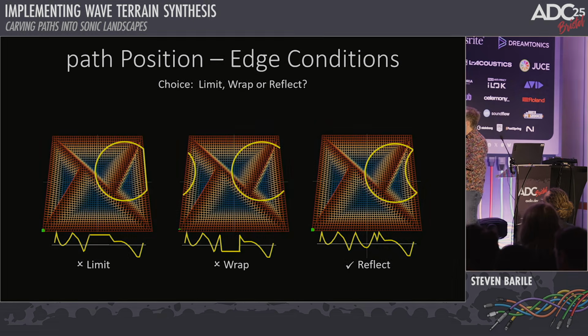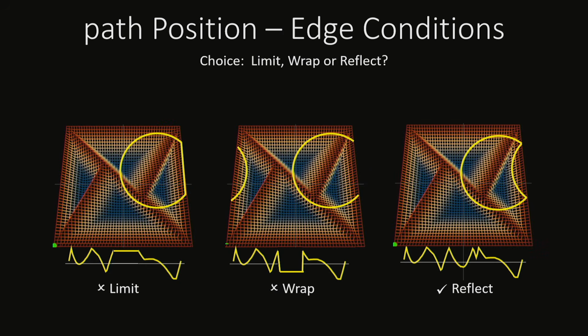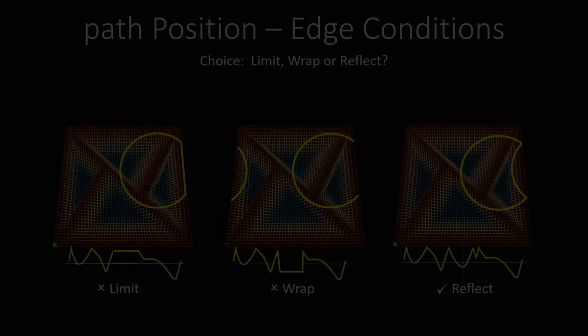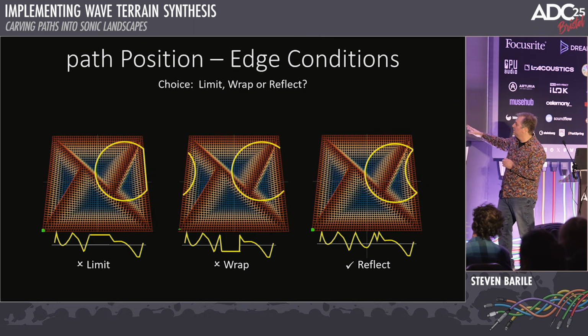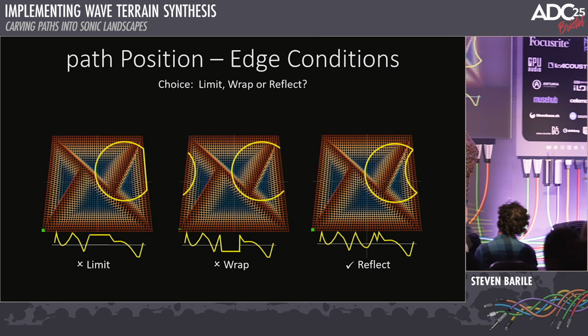All right, let's see. What happens when your path collides with the edge of the terrain? There are a couple of choices you can make. You could just hard limit it to the edge value, you could jump around to the other side, or you could reflect. And we chose to reflect, mainly because these waveforms aren't accurate.